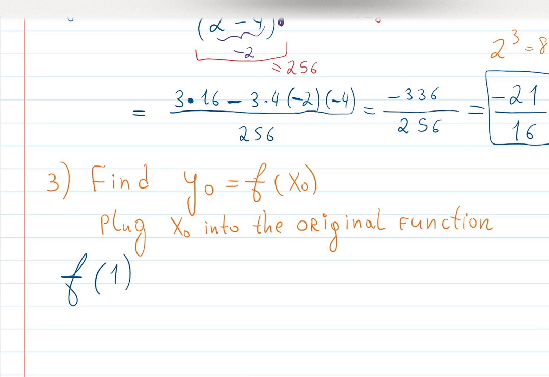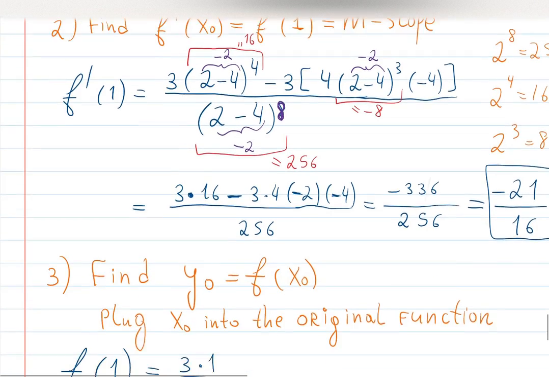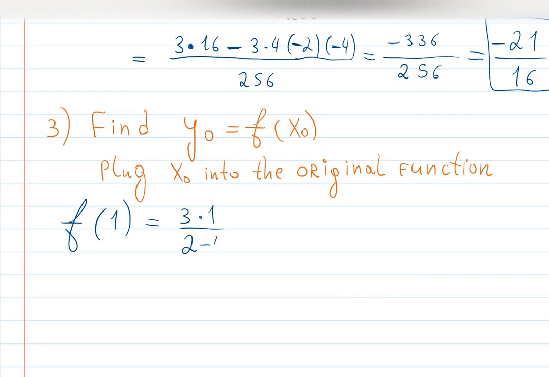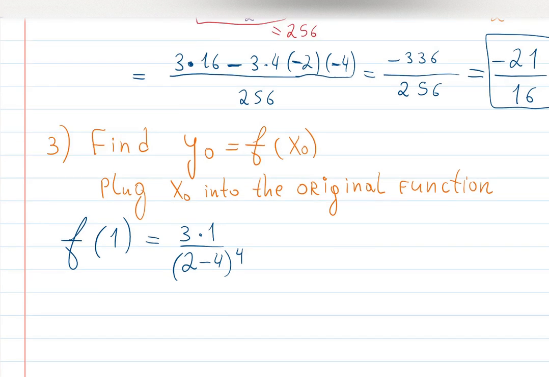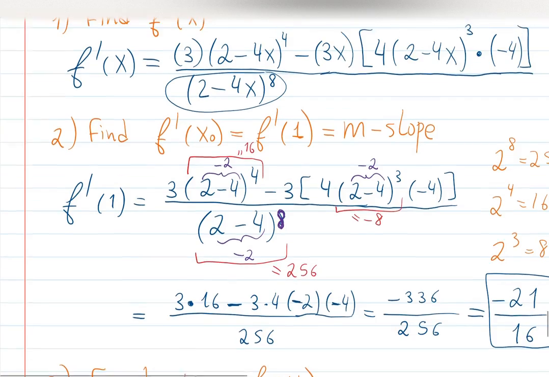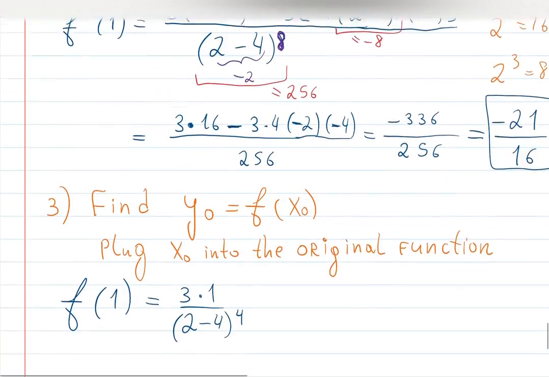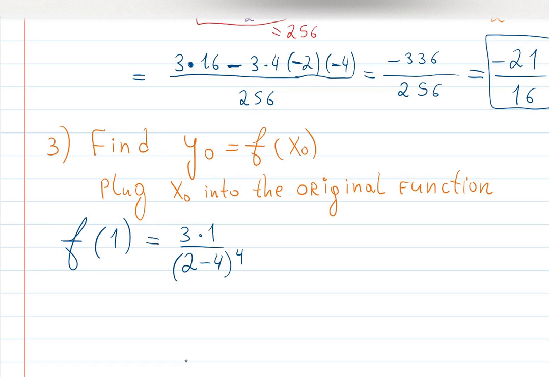F at 1 is 3x, that's times 1, over 2 minus 4x to the 4. I just looked at the squared denominator and I remember where this formula is coming from. So 2 minus 4x to the 4. We plugged 1 everywhere I saw x. So if you want, I can write down for you minus 4 times 1, original function.